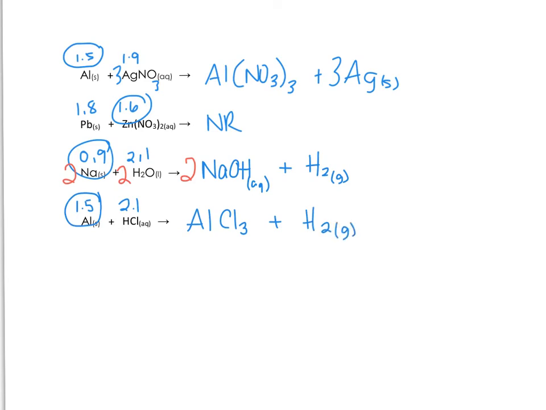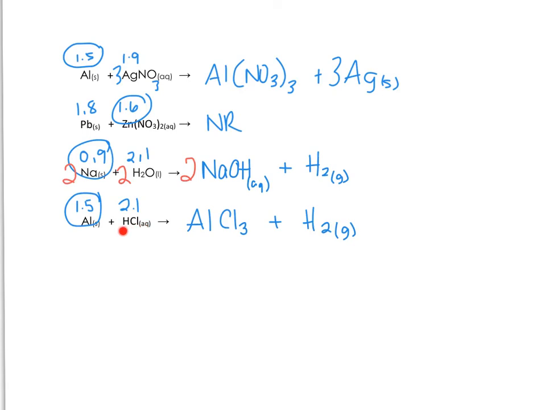So now we have to balance. We need 3 chlorines. So we would have to multiply that by 3, but that would give us an odd number of hydrogens. And we have an even number of hydrogens on this side.